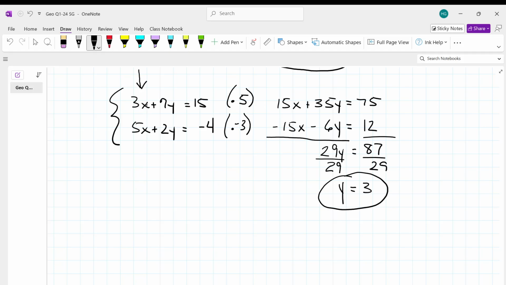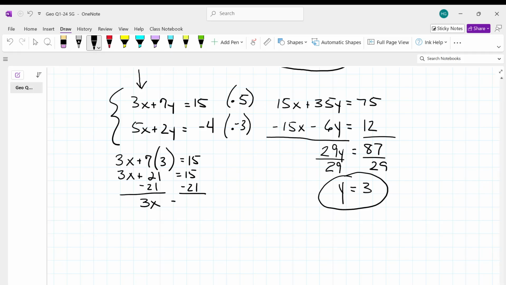So I'm going to go back to the top equation and take 3x plus 7 times 3 equals 15. So my 3x plus 21 equals 15. I can subtract 21 from each side.